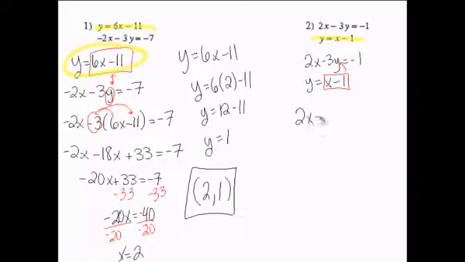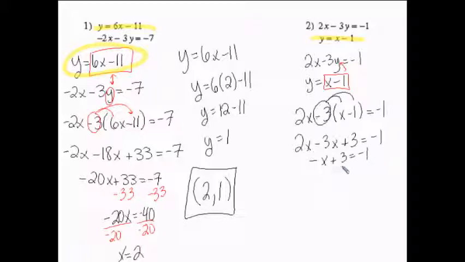So instead of 2x minus 3y, I have 2x minus 3 times x minus 1. So I take the y out and I put the x minus 1 in. Again, I'm distributing. So I get 2x minus 3x plus 3 equals negative 1. 2x minus 3x is negative x.